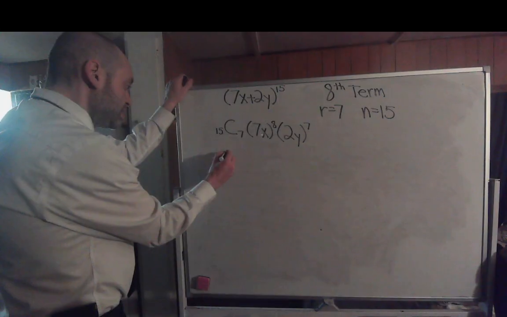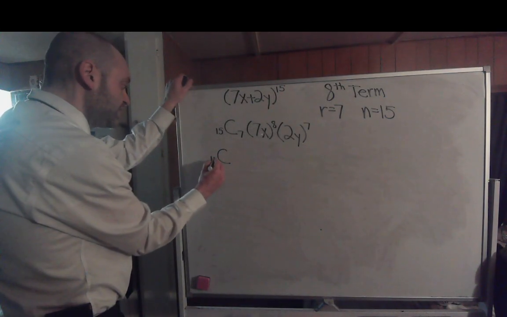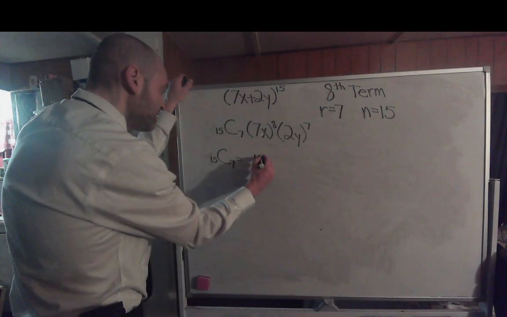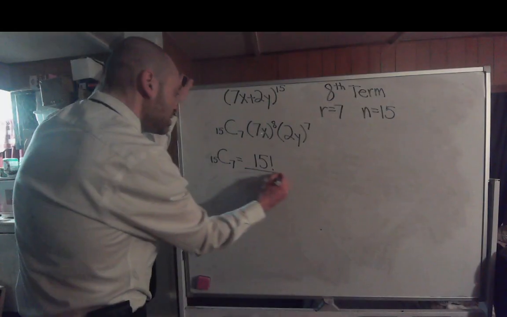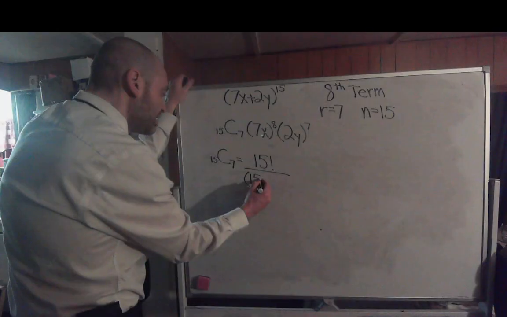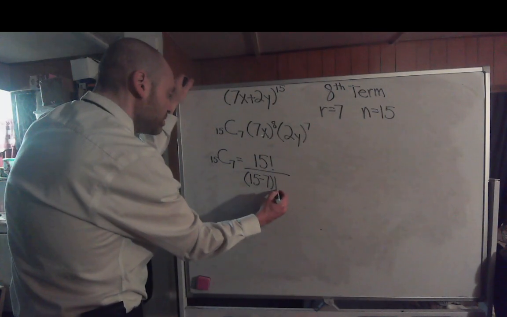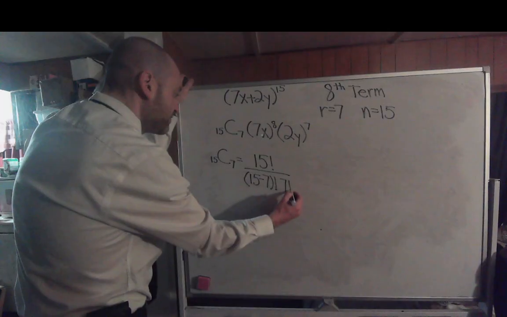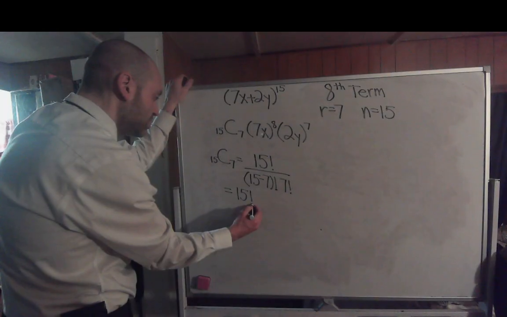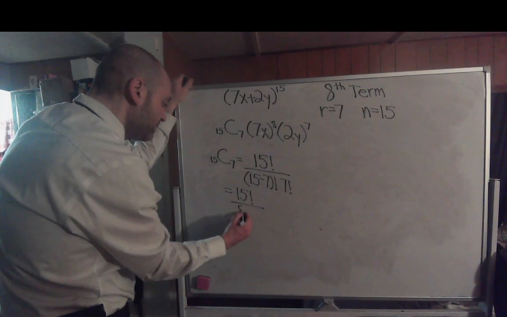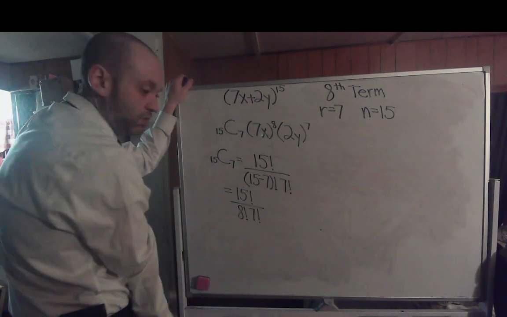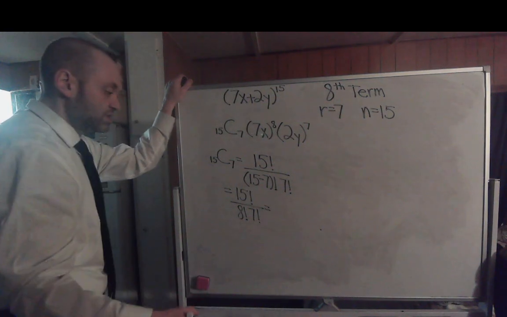Okay, let's look at this combination first. So the combination of 15 things, 7 at a time, is going to be equal to 15 factorial all over the quantity of 15 minus 7 factorial times 7 factorial, which would break down into 15 factorial all over 8 factorial times 7 factorial. So this is going to be real fun.